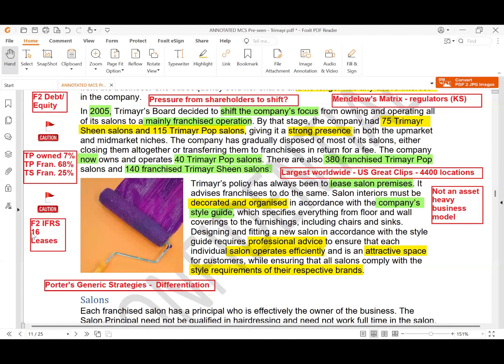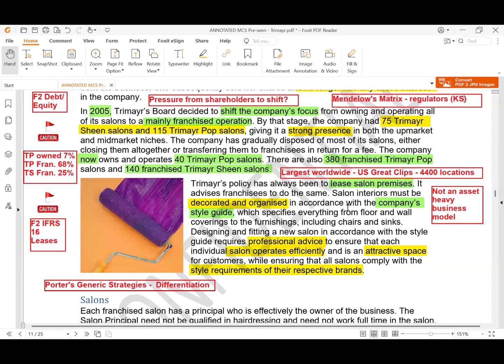Now, if you look at F2, IFRS 16 and leases, you'll see that's probably the shortest chapter on a standard that there is. There's nothing in that chapter. It's Mickey Mouse. You could learn that off, even if you didn't know what a lease was. You could learn IFRS 16 in a few minutes, 10 minutes, 15 minutes, you'd know the basics. There's two types, finance and operating, accounting treatment, bang, you're done, okay?